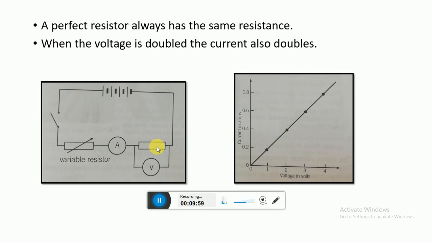Here we have a fixed resistor, and we will measure the potential across it. This figure shows the voltmeter is connected in parallel to measure the voltage. So an ammeter is always connected in series and a voltmeter is always connected in parallel.